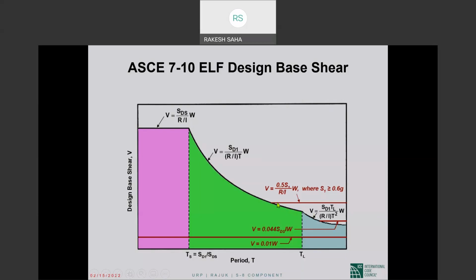And there is a minimum that applies where the long period mapped quantity is larger than or equal to 60% of g. This is the rough equivalent of old UBC seismic zone 4. In those parts, we have a second minimum on the design base shear. And when both minimum values apply, the higher minimum controls.